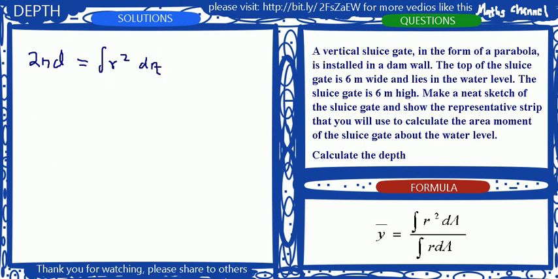So for the second moment, which is the top part, we put 6 minus y, and then we have something like this.